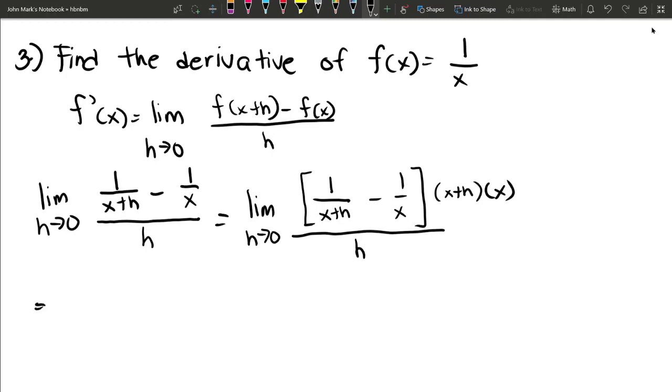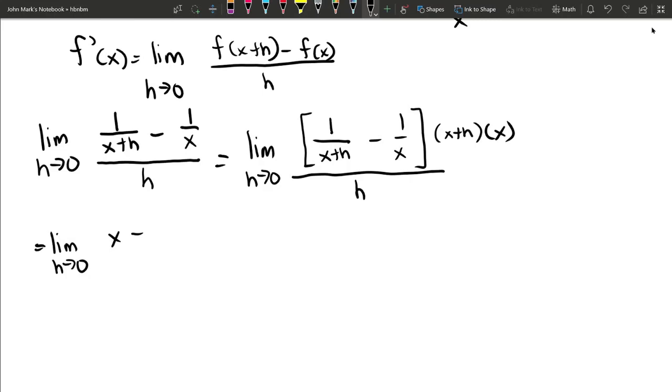Okay? Now, the limit as h approaches 0. So, dito, cancel lang yung pareha. So, x plus h times x divided by x plus h, we have x times 1 is just x. Okay? Minus. So, x plus h times x divided by x, cancel mo lang x. So, x plus h times 1 is just x plus h. Okay? All over x plus h times x over h ulit.